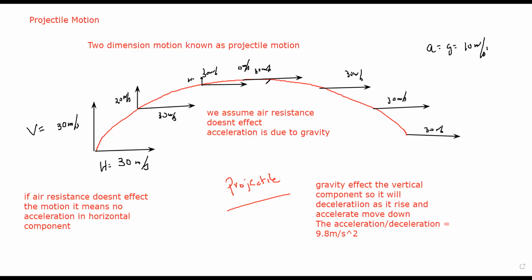But as it moves down, the vertical velocity will start to increase. It will become 10, then 20, and then 30. So vertical velocity changes: as it rises up, it decreases, and as it moves down, it increases. But both acceleration and deceleration will be the same, which is due to gravity.